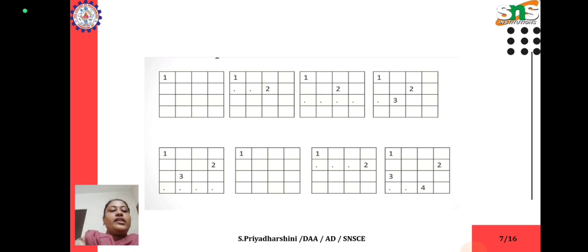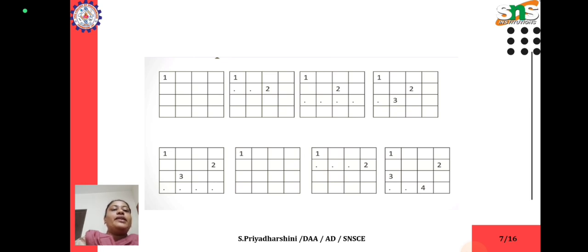we cannot place any queen there. So what we are going to do is backtrack to node 1 itself. When we backtrack to node 1, we can place queen 1 in the second column. Then queen 2 can be placed in the fourth column, queen 3 can be placed in the first column, and queen 4 can be placed in the third column.